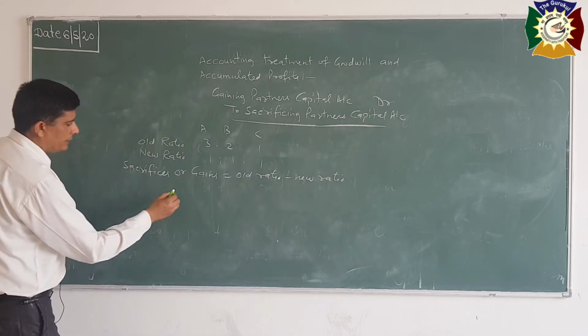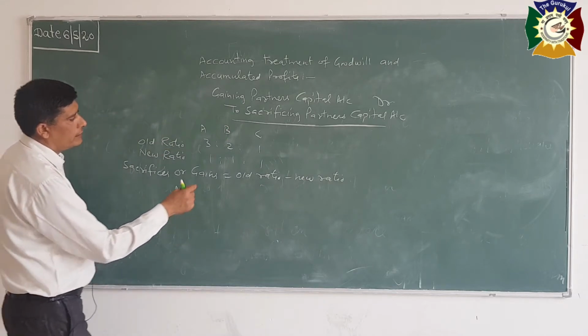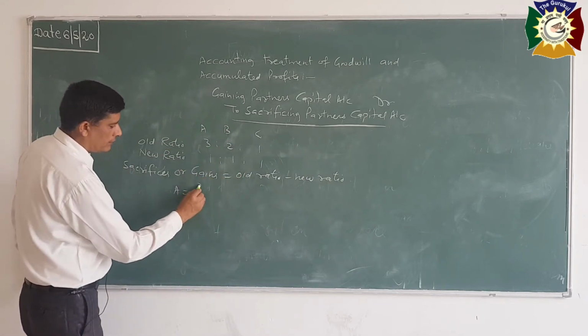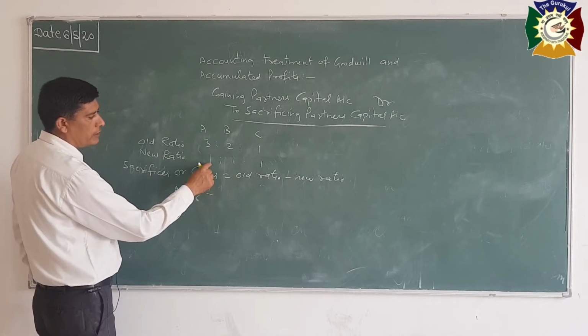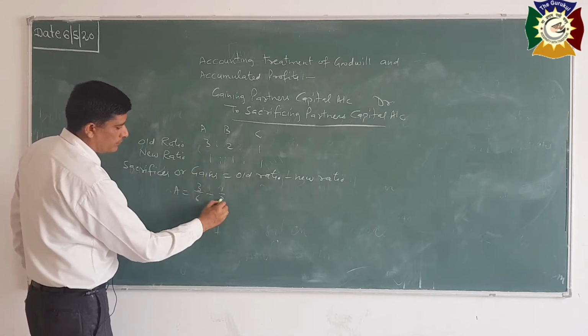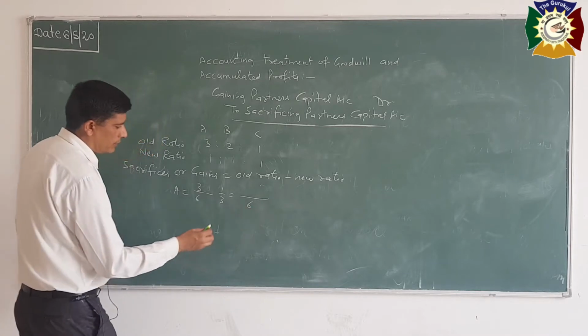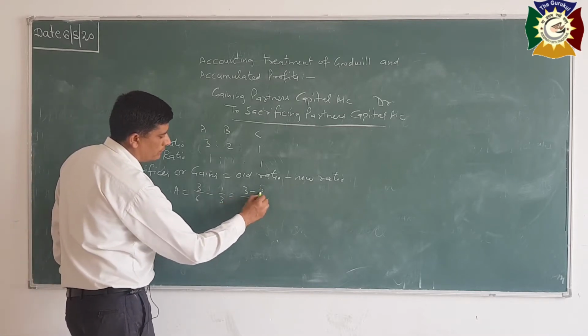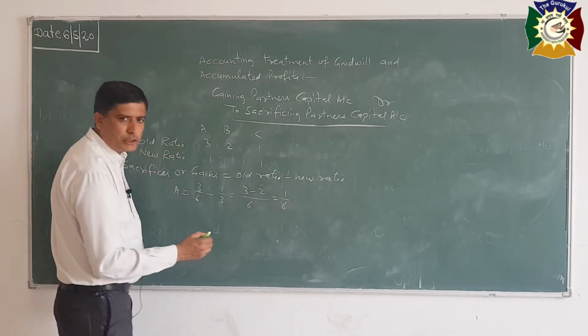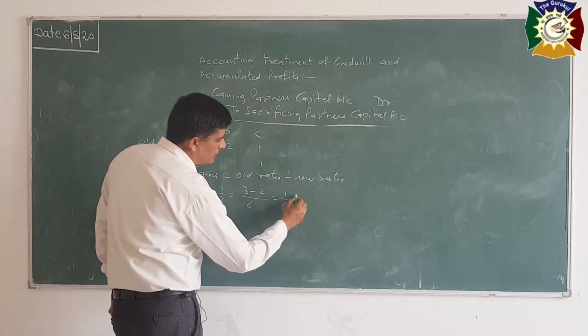So see, A's old share is 3 upon total 5, minus new share is 1 upon 3. LCM is 15. If your answer is positive, then it means he will sacrifice.